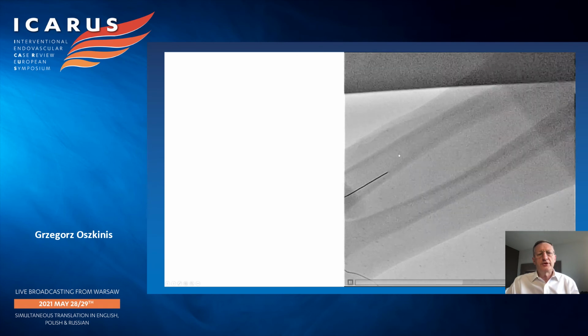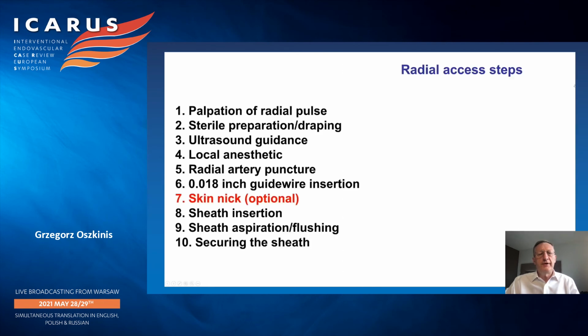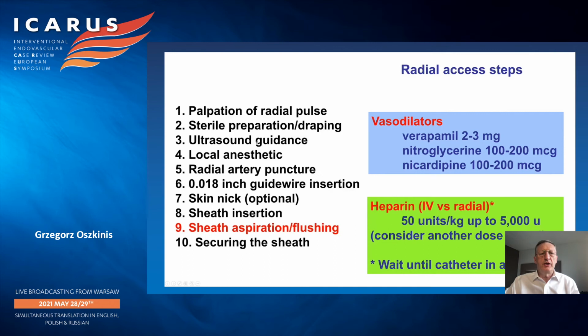So under the scopy, it's much more easy to put the guide wire. Because we need to change the sheaths, we always do the small cut.